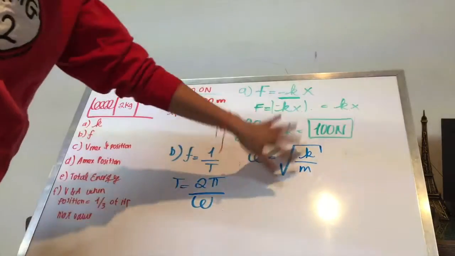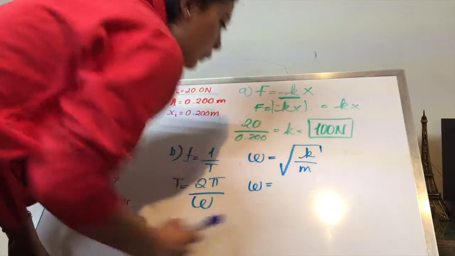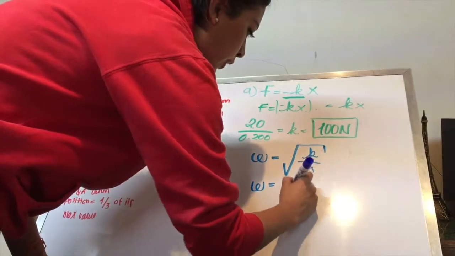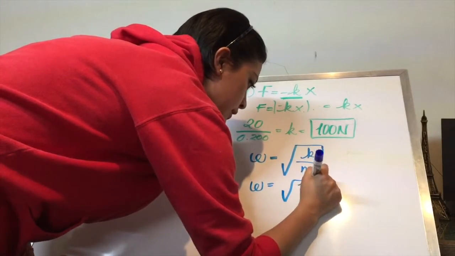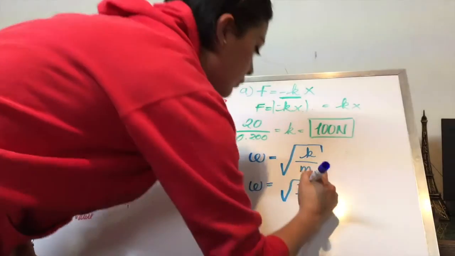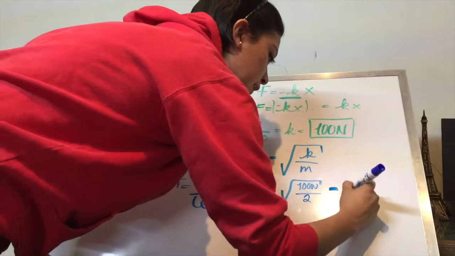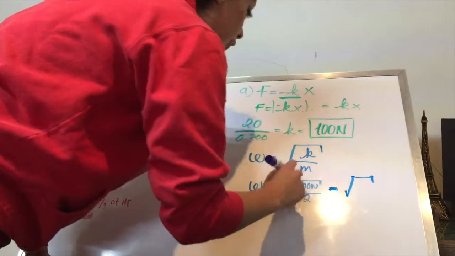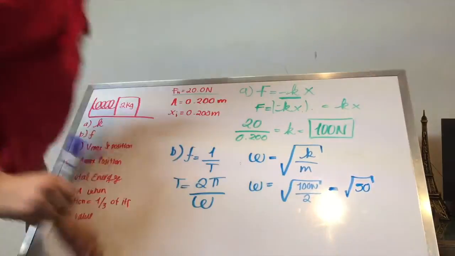Now we have both of these, right? So our angular frequency is equal to the square root of our constant, 100 newtons, over the 2 kilograms that we're managing here, which is the square root of 50.